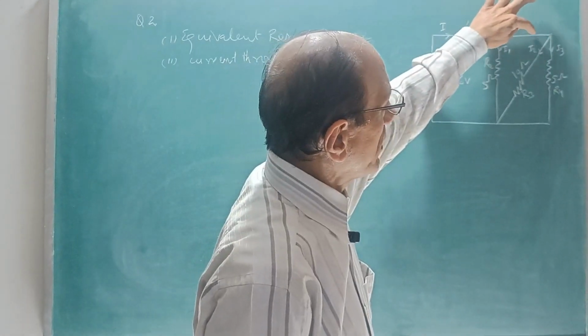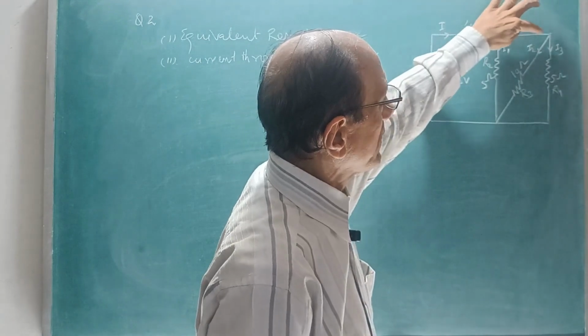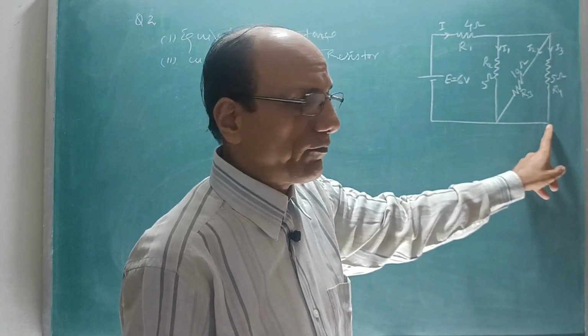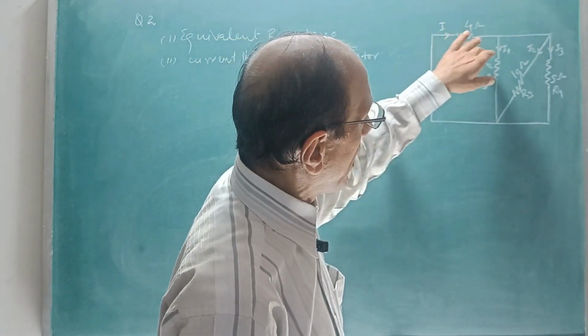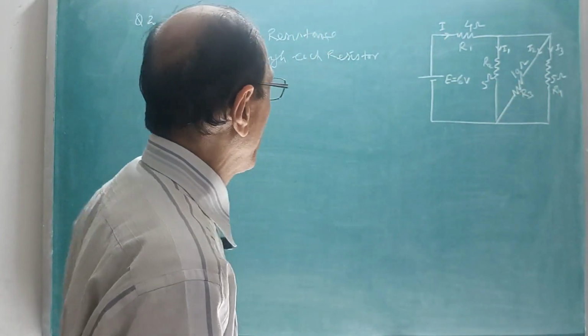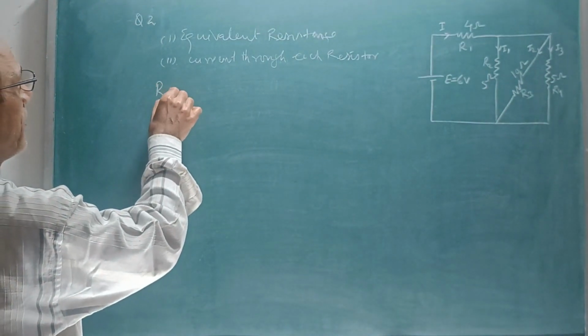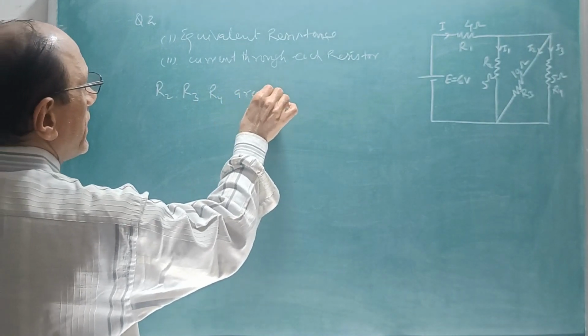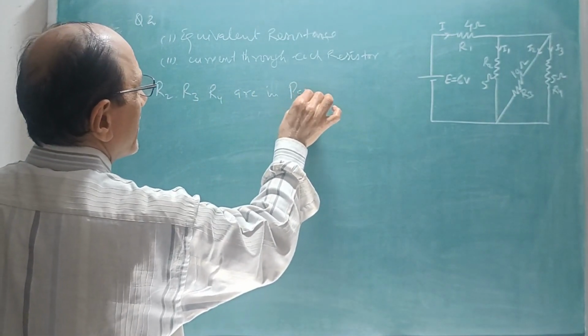This point, this point, this point, this point, they are all one and the same point. Similarly, these points are all the same point. So R2, R3, R4 are all in parallel.